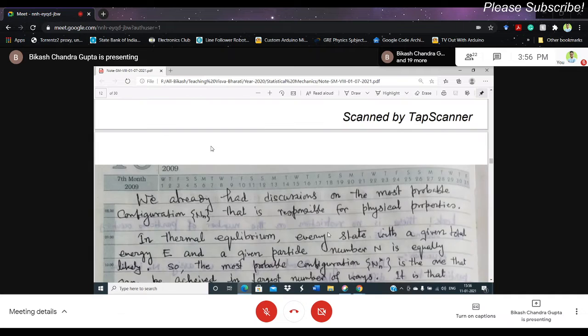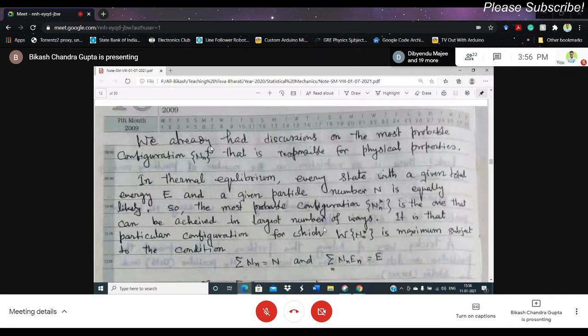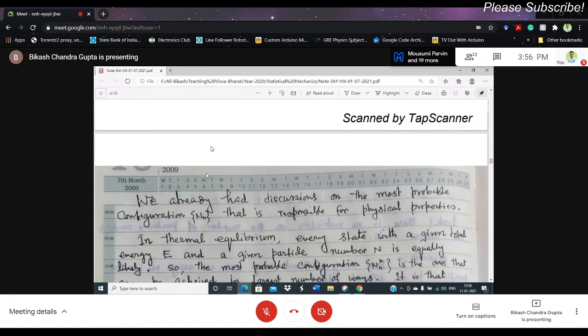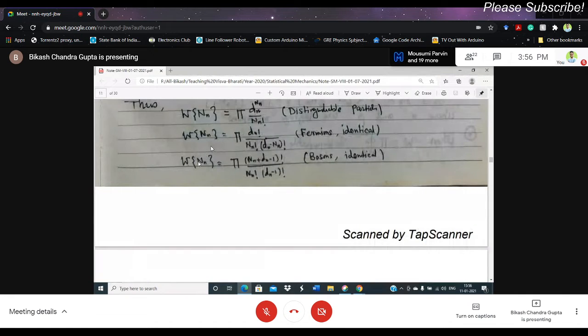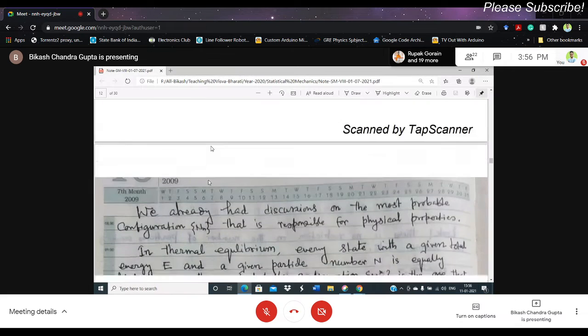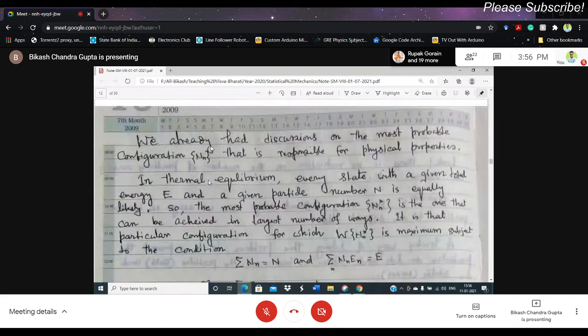Having said that, we go back to our earlier discussions. The question that we would ask is, what is the most probable configuration? You see, this value is different for different sets, and what set is the most probable one?